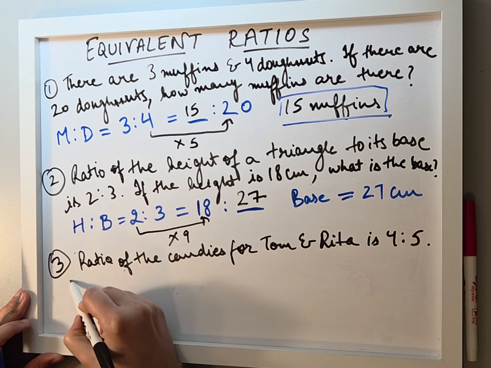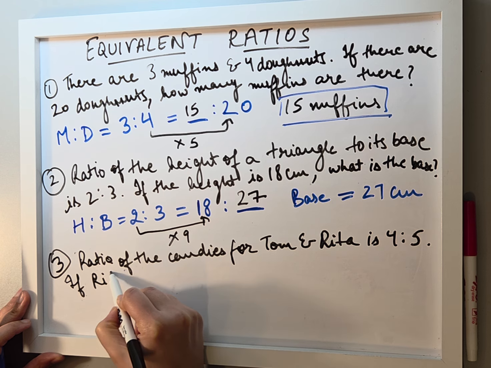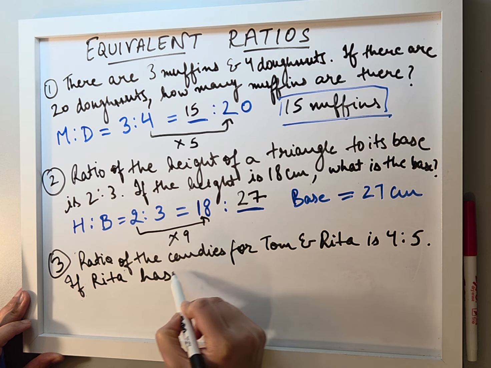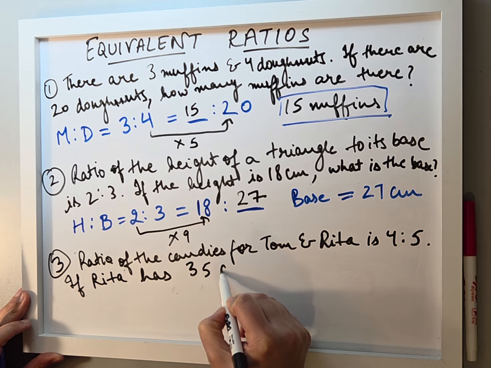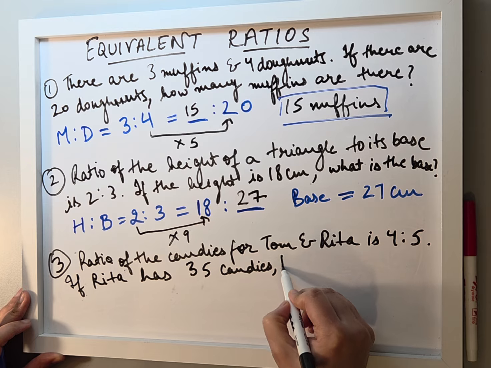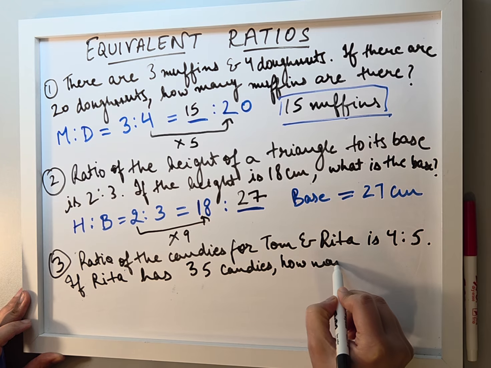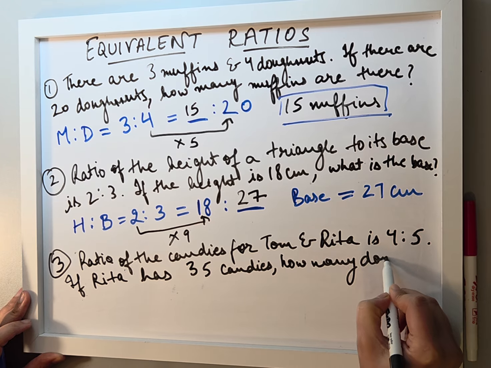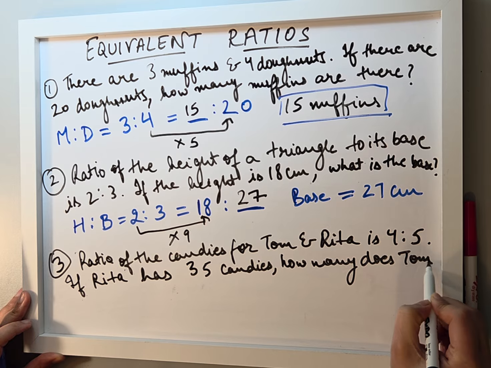So if Rita has 35 candies, how many does Tom have?